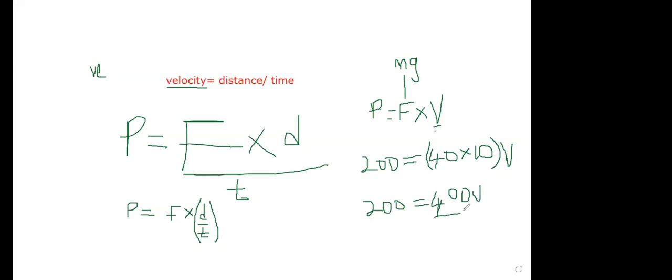If you divide through by 400 on both sides, to remain with V alone on one side, our V will be equal to, which answer are we getting for V? 200 out of 400.